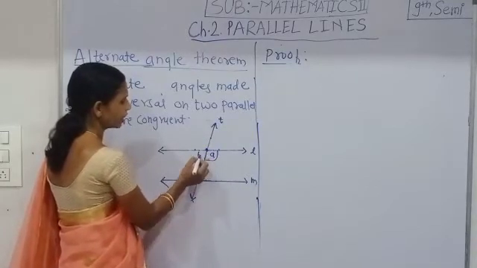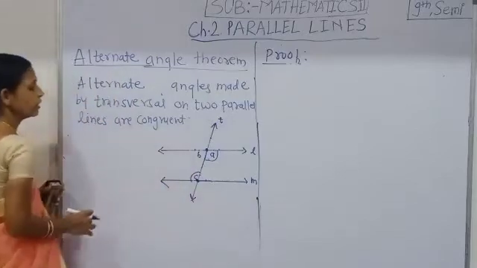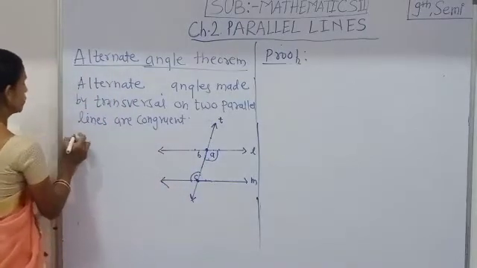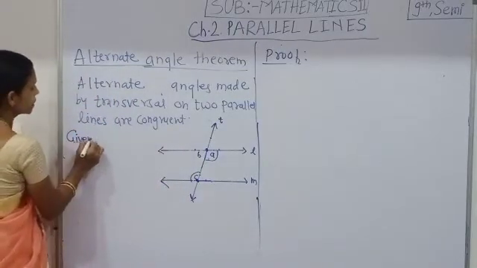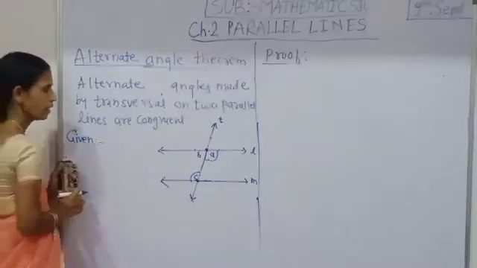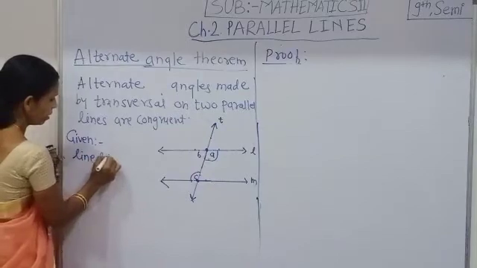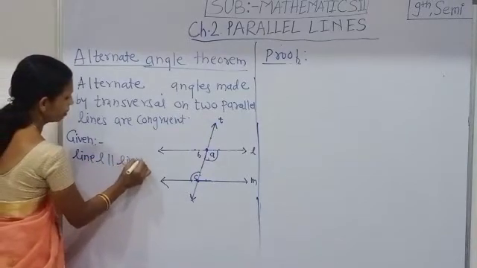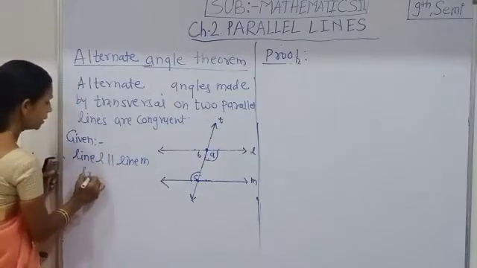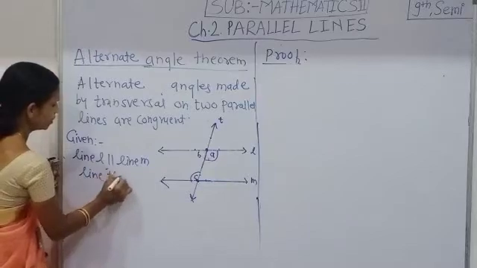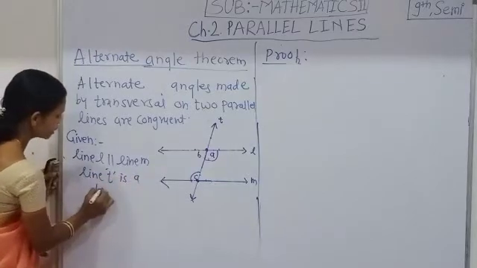Therefore, we first write the given: line L parallel to line M and line T is a transversal.